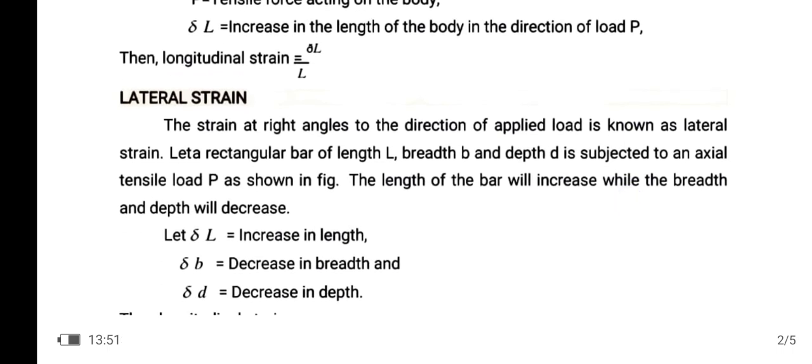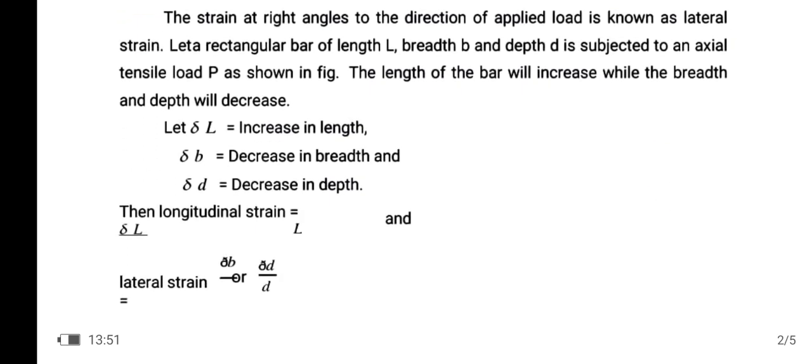The strain at right angles to the direction of applied load is known as lateral strain. Let a rectangular bar of length L, breadth B and depth D be subjected to an axial tensile load P as shown in figure. The length of the bar will increase while the breadth and depth will decrease.